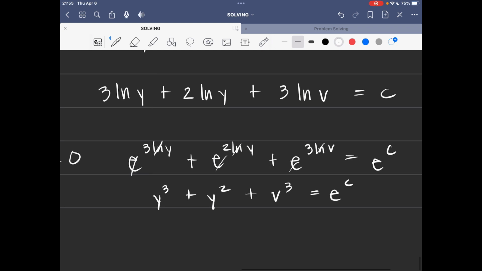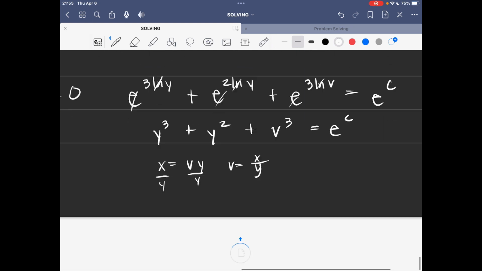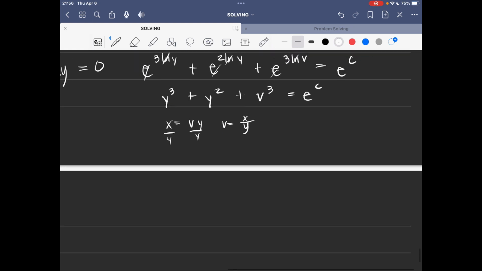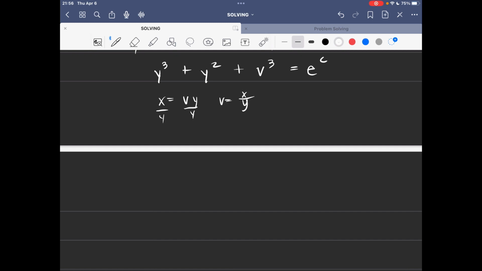You know that we use x is equal to vy. Then you can get the v by dividing both sides by y. So v is equal to x over y. And after that, we can substitute back v, so x over y to v. So y cubed plus y squared plus (x over y) raised to 3 is equal to e raised to c.